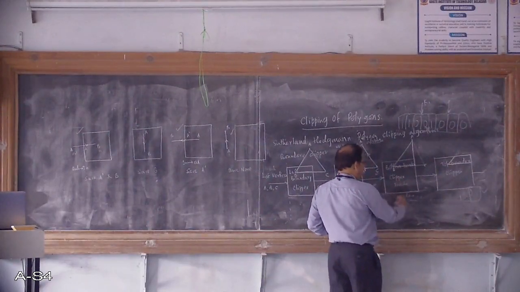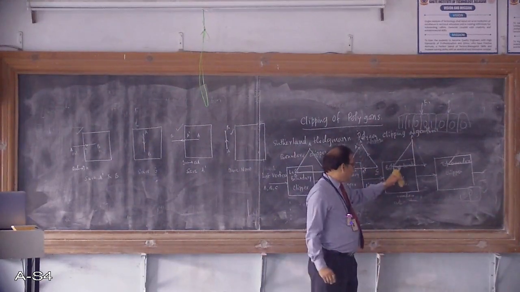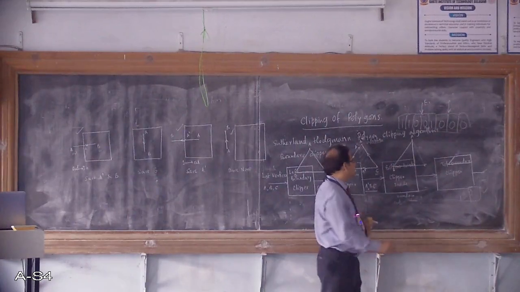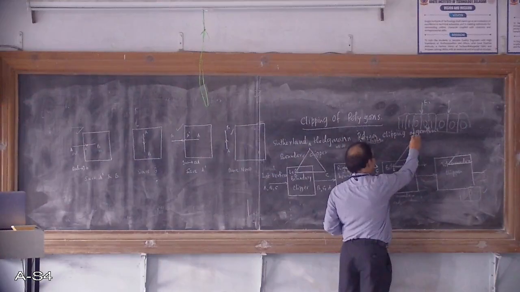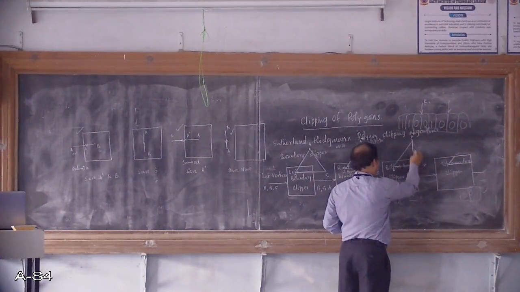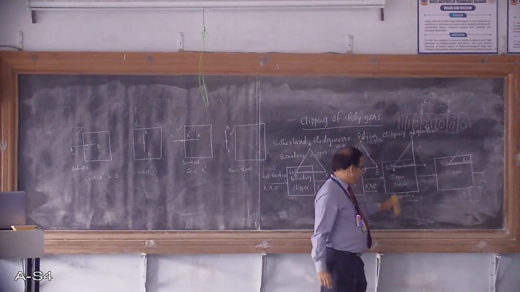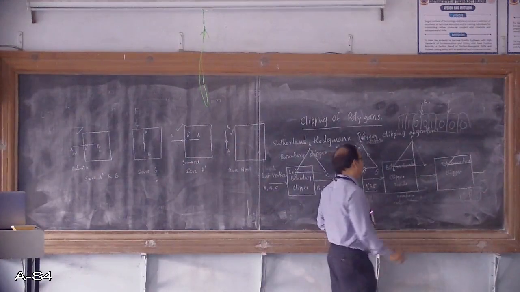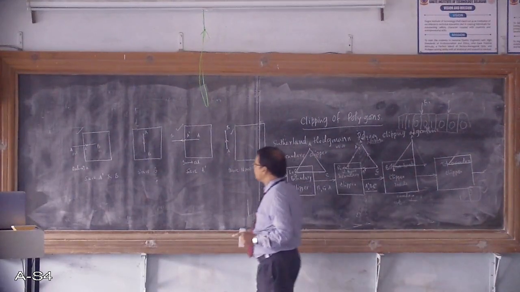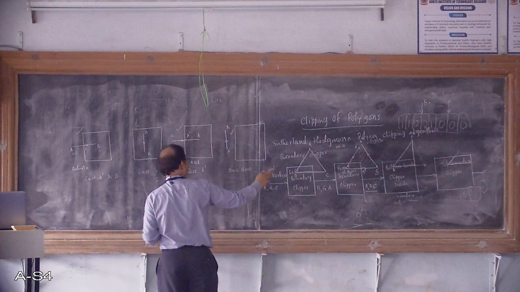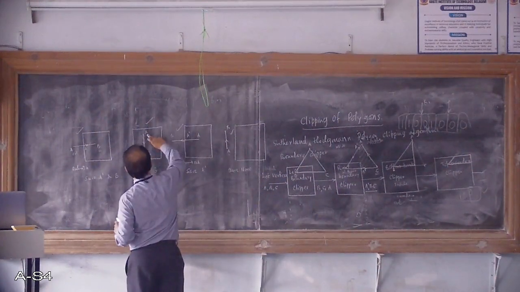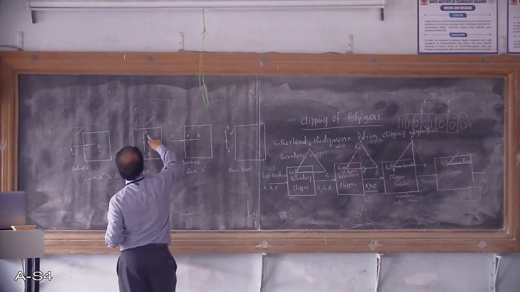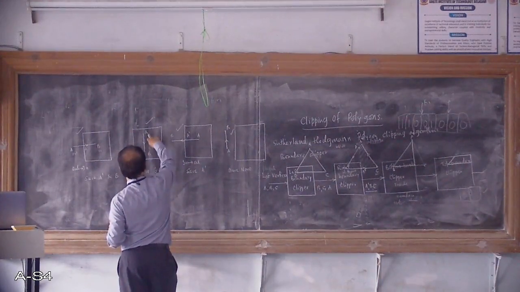As far as the bottom boundary is concerned, the three vertices A dash, B, C are all lying inside the clipping window, and therefore this case matches the second rule, wherein for each of the three edges both the vertices are inside.